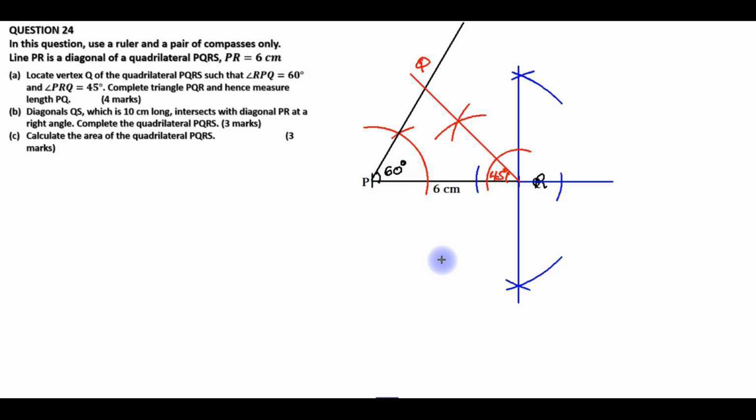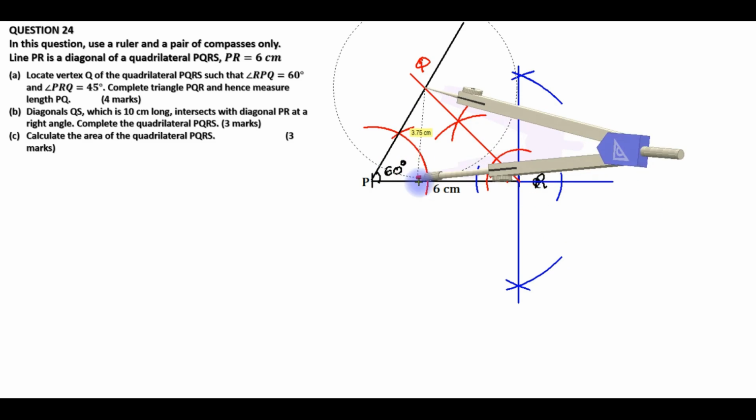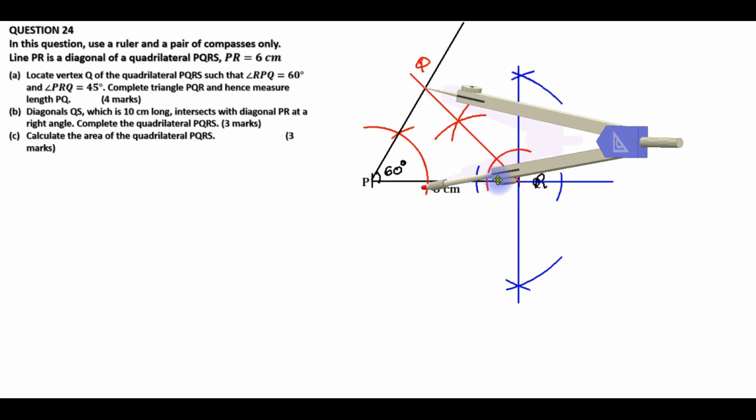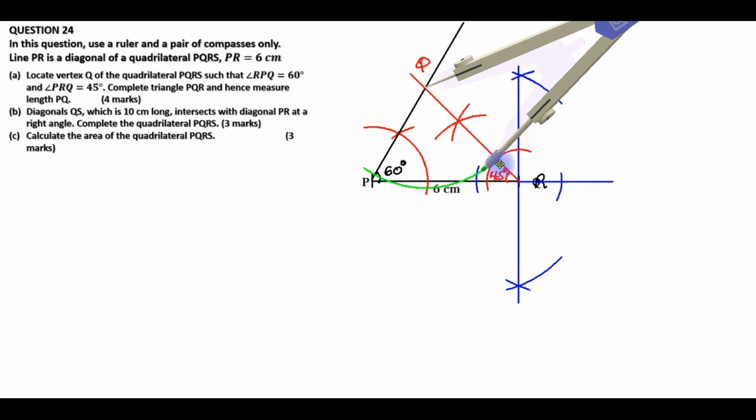So from Q, we draw the perpendicular. So from here, I draw that line first.